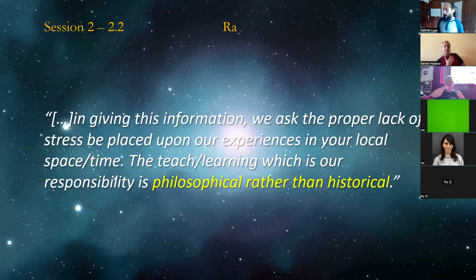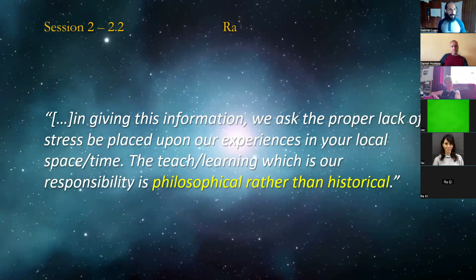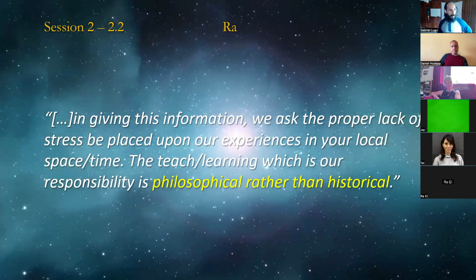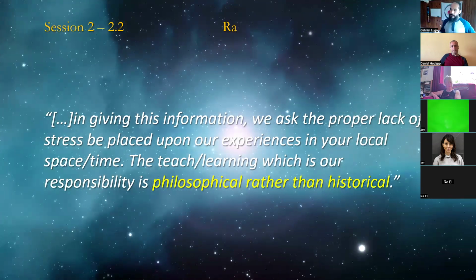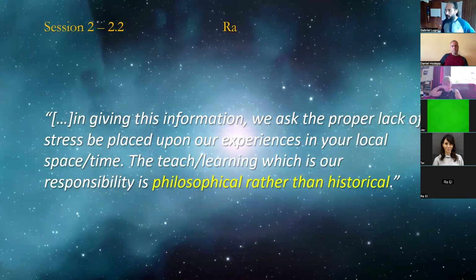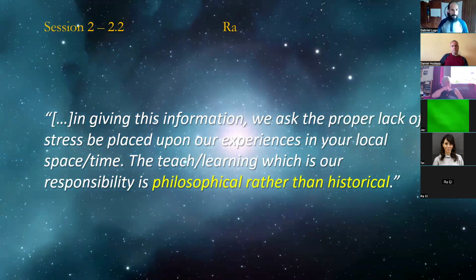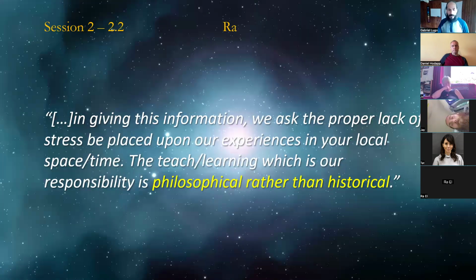Okay, I think we're going to go into the background of Ra here. And I think this is Dawn asking about themselves: give us a little bit more information about yourself. And this is one of the long questions that we have. I wanted to share this and maybe one or two more slides on this question, where Ra says, in giving this information, I think they were talking about the Law of One, right?